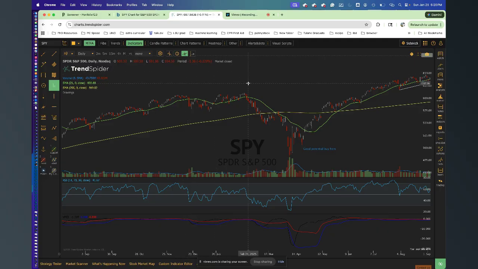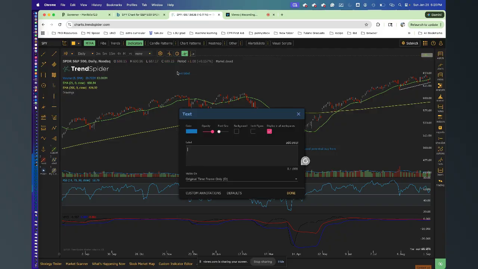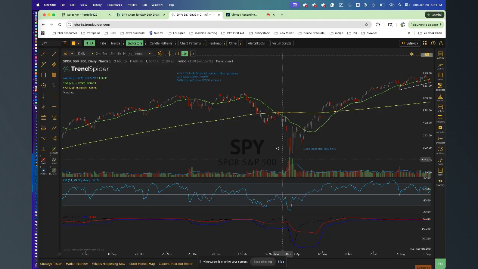And then, we would go down to maybe 60-40 or 50-50 on death cross confirmation.